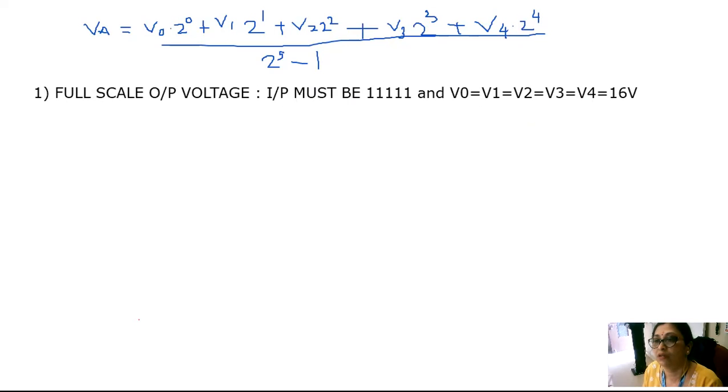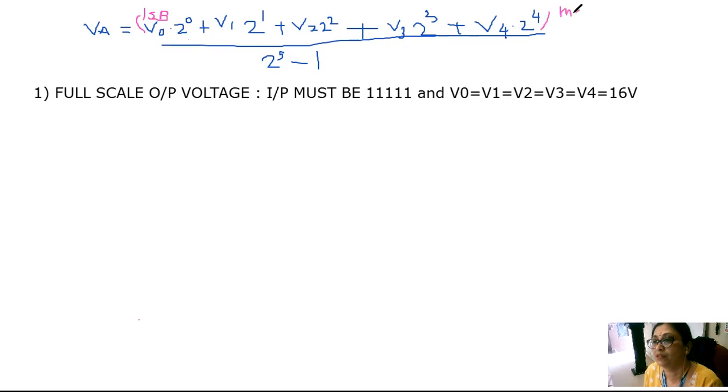Now I want to tell you that in this formula, this particular thing is LSB. You remember this. By remembering this only, you have to solve this problem. This is your LSB and this is your MSB.